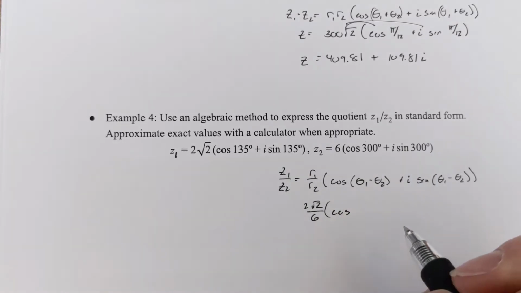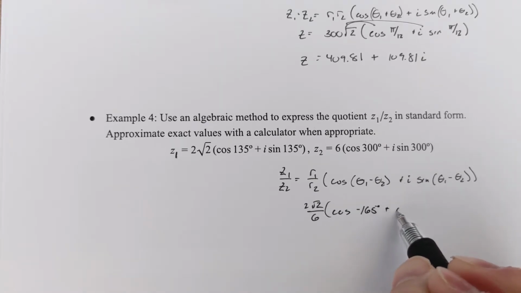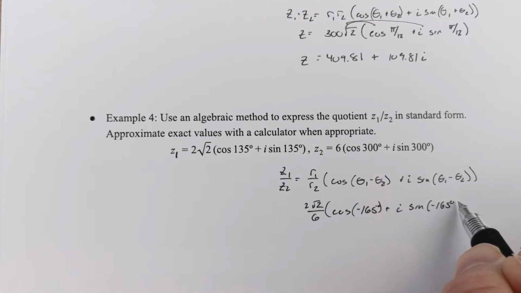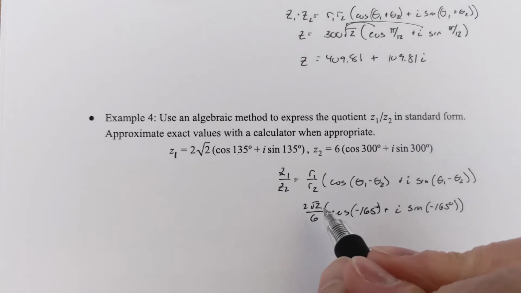The difference in these angles is going to be negative 165 degrees, 135 minus 300, and then distribute.